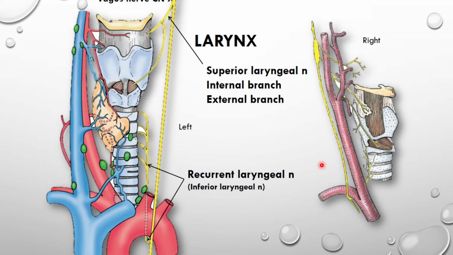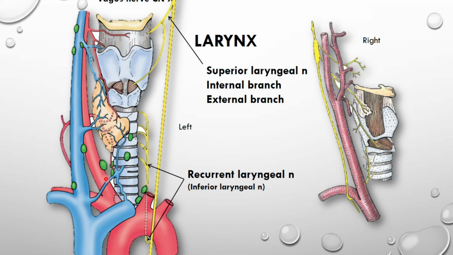So here on this image, on this side, we can see the blood supply to the larynx. So as I mentioned earlier, the external carotid artery gives off the superior thyroid artery. This would be on both sides. You have one right, one left. So these would supply the 2 halves of your larynx as well as your thyroid gland.